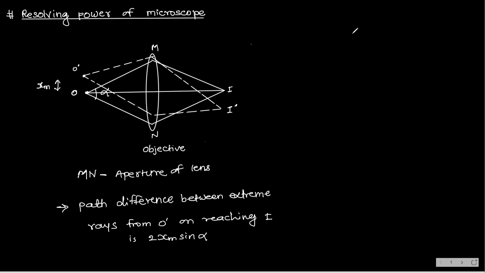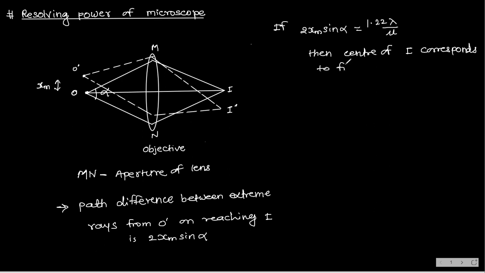If this path difference 2xm sine alpha is equal to 1.22 lambda by mu, then center of I corresponds to first minima of image I dash.